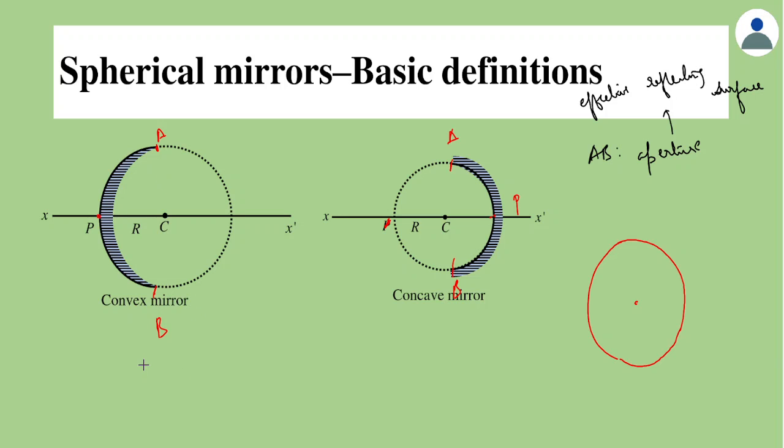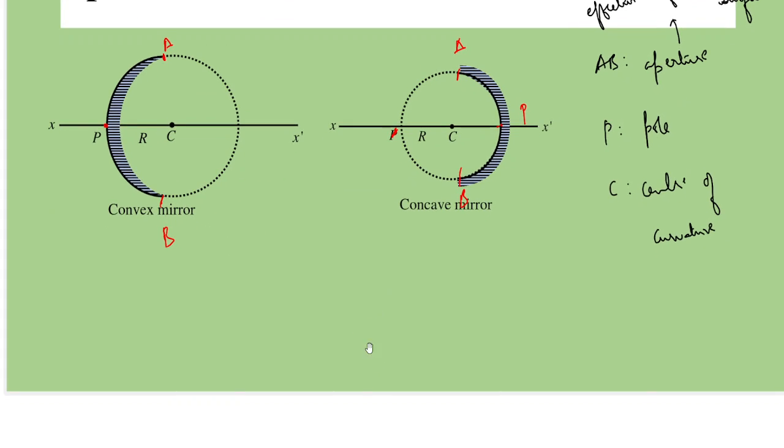We only get a curve. So this C is called the center of curvature. This P was called the pole of the mirror, and this C the center of curvature. The center of curvature is the center of the imaginary sphere of which the mirror is a part.